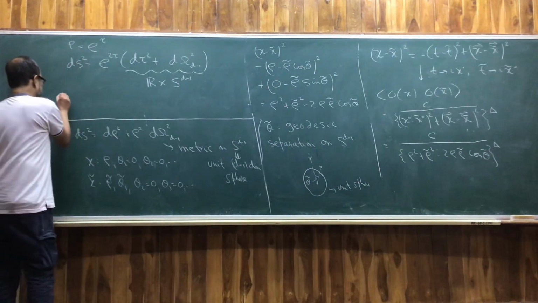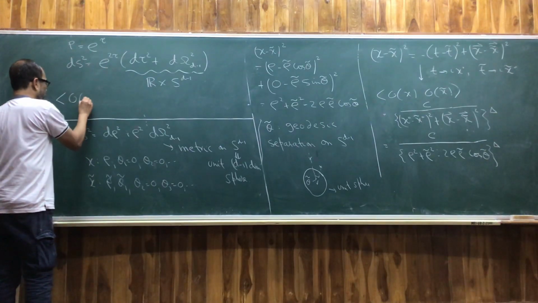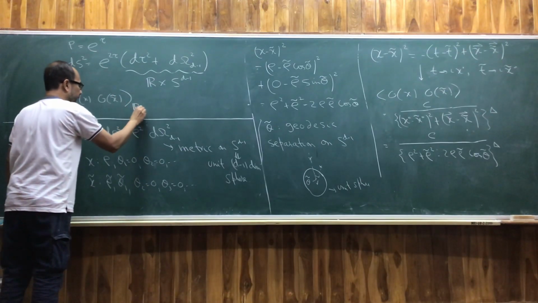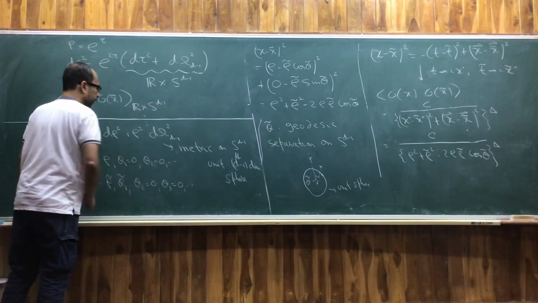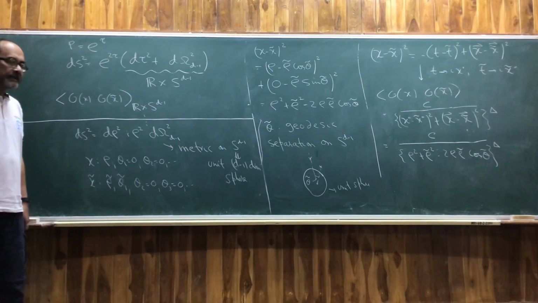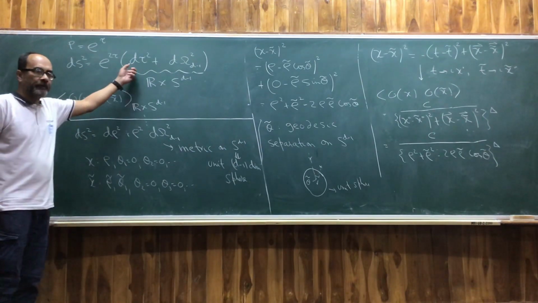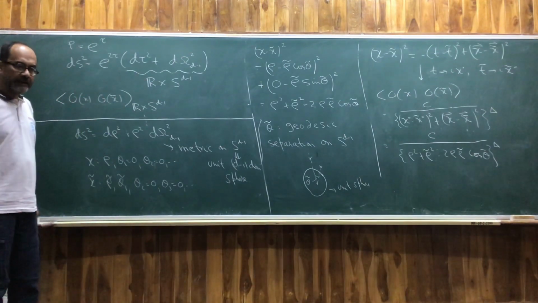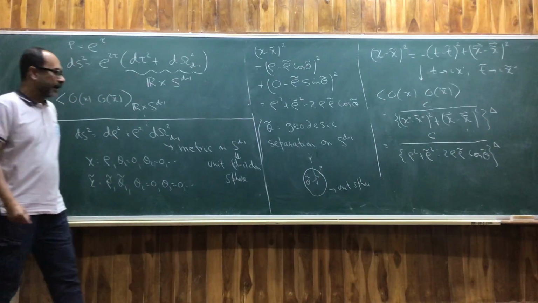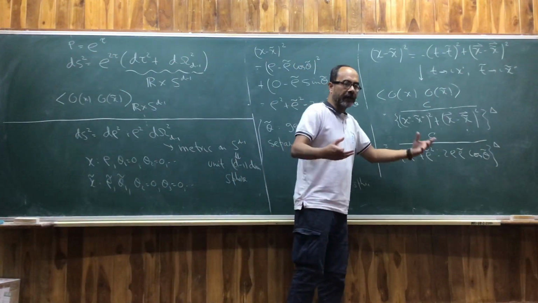What we can say is that if we take O of x tilde on R times S^(d-1), we have to re-express in terms of tau and theta coordinates. But that's understood. That's what I mean by this. Okay, we'll do that. We'll put this rho and rho tilde in terms of tau.